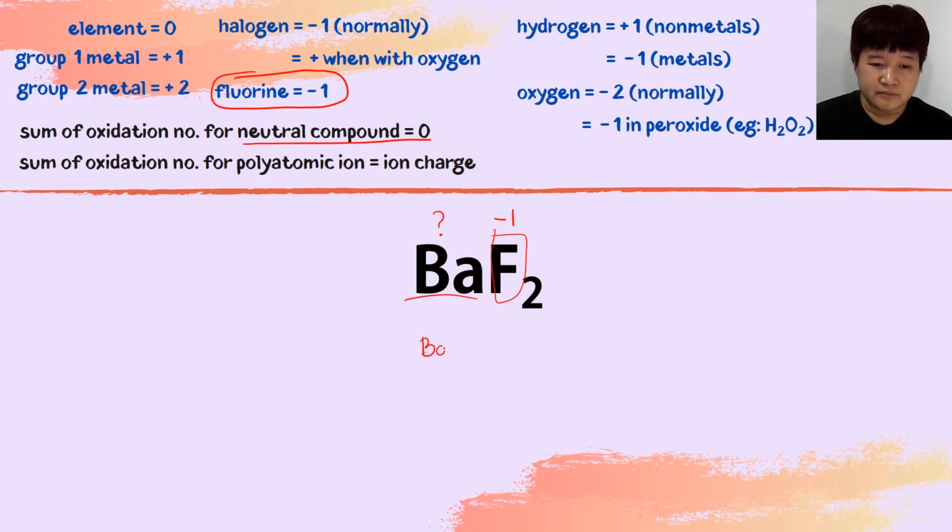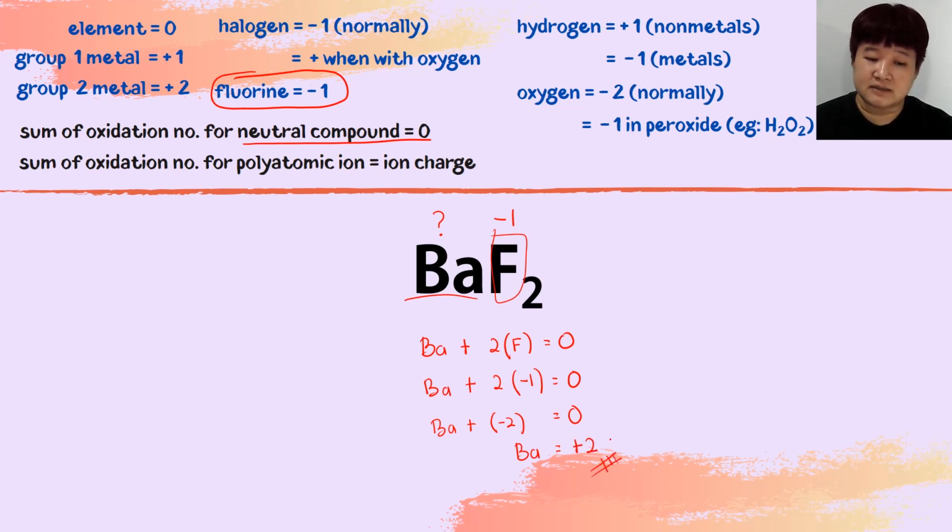So, barium plus 2 fluorine must equal 0. How much would the barium be if fluorine is -1? Barium will equal +2.